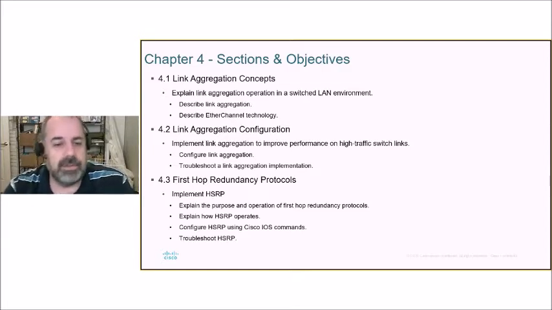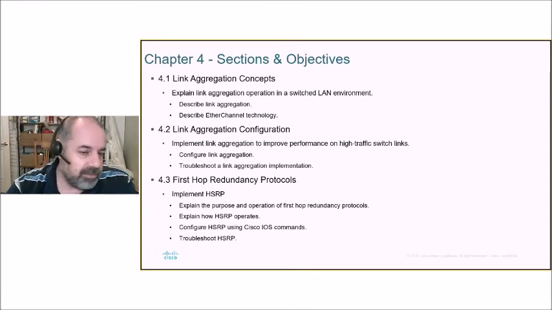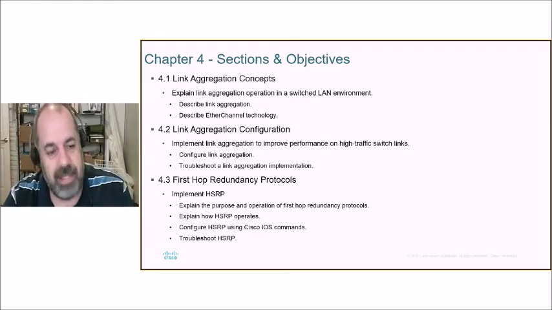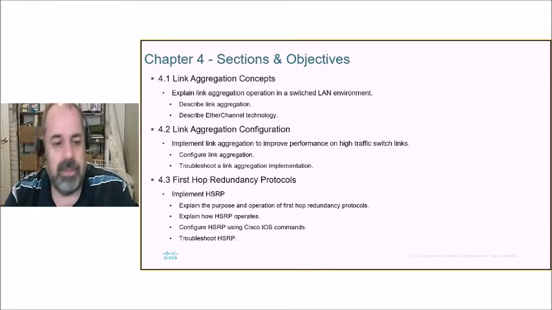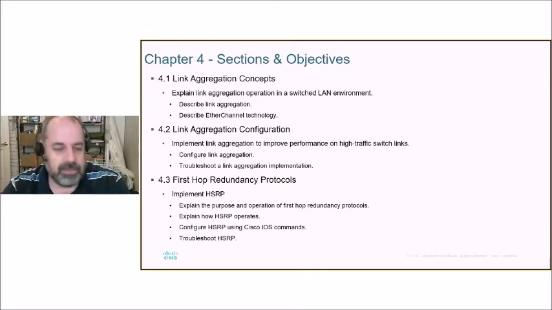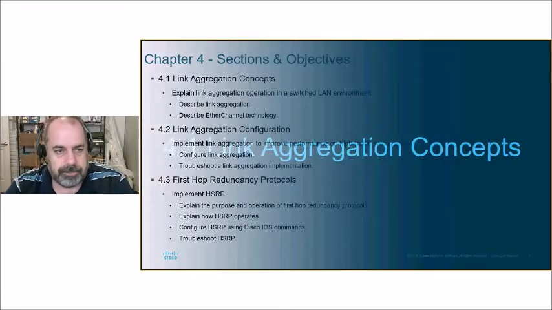Then we'll look at how we configure that, and we'll also look at HSRP, which is a first hop redundancy protocol. Hot Standby Routing Protocol is a Cisco proprietary version of the first hop redundancy protocol.